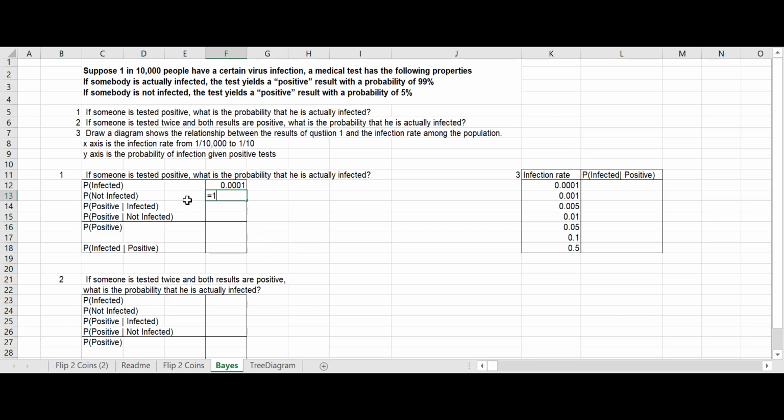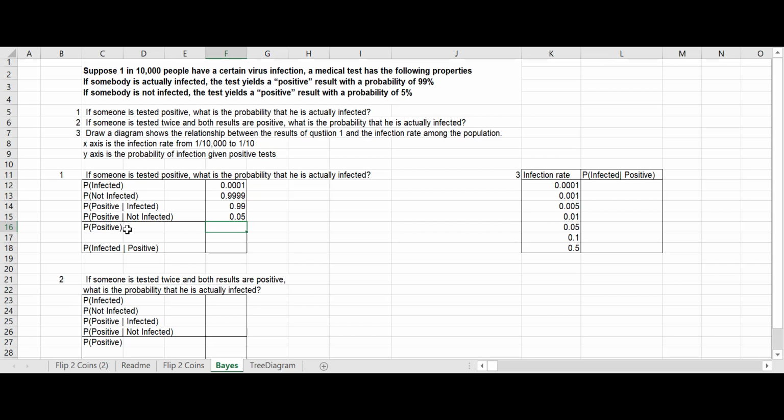Not infected, that's 1 minus this value, right? That's the complement of infected. Somebody infected and test positive, that's 99% probability. Not infected, test positive, that's 5%. This is given, okay?